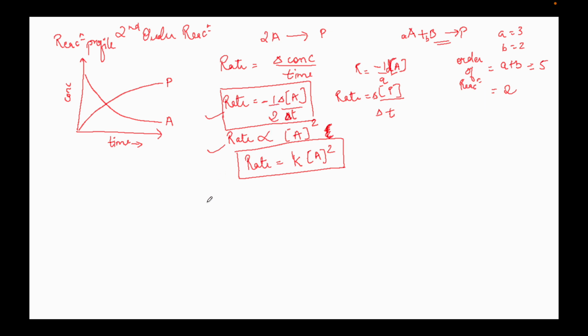So okay, let's consider, if we can equate this, what we'll get is minus dA by dt is equal to k, small k.